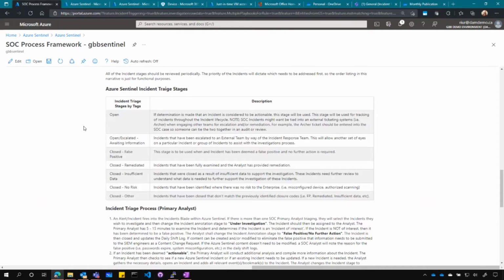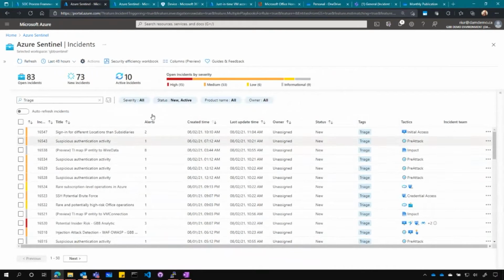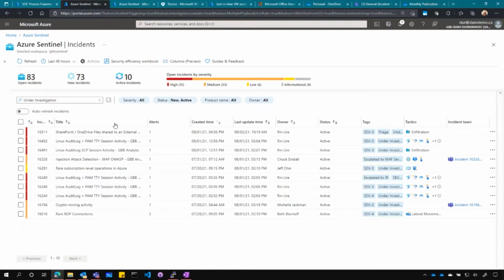Let's now pivot back to the demonstration and look at what it might look like for under investigation. So when we have something that we want to take out of triage, we can come in and see, out of all of these incidents, what's currently being worked on, who the owner is, that it's active, what severity, and whether anything has been escalated.